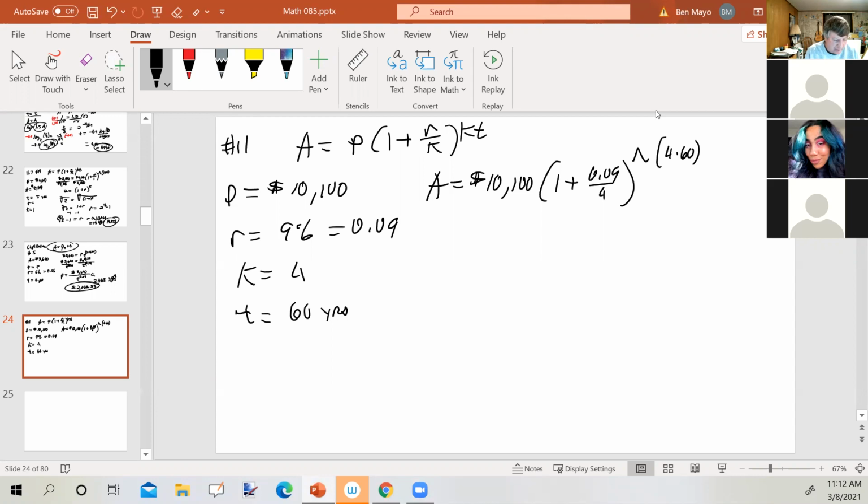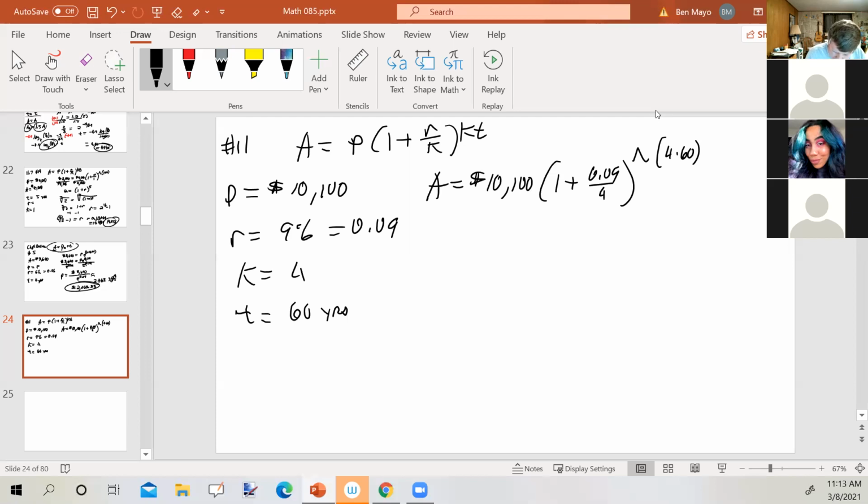So 10,000 times, parentheses, 1 plus 0.09 divided by 4, close parentheses, raised to the power, so the little caret, parentheses, 4 times 60, close parentheses. Oh, I see that I made a mistake. I put in 10,000 instead of 10,100, so let me fix that.